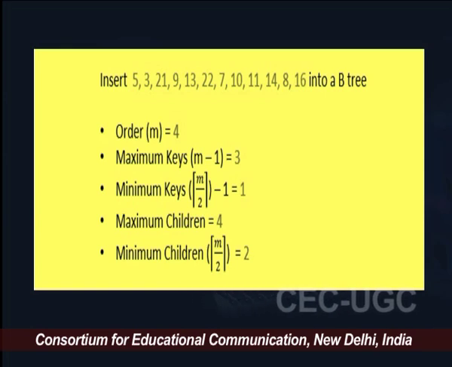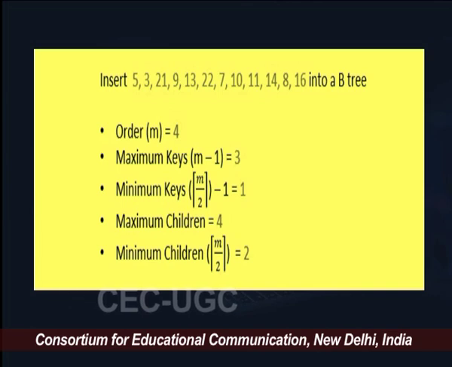So the maximum keys will be m minus 1, which is 3, and the minimum keys will be ceiling of m by 2 minus 1, which is 1 here. Maximum children is equal to 4 and minimum children is equal to 2. And now we have numbers written on the slide: 5, 3, 21, 9, 13.